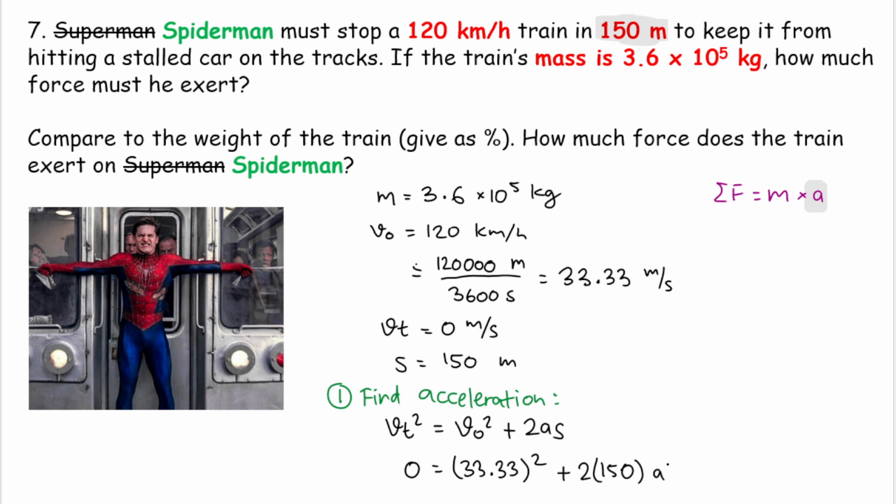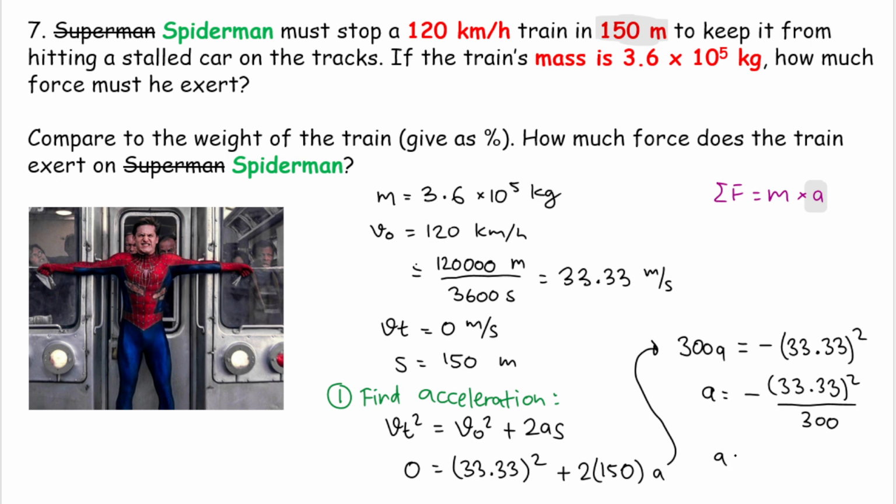So we will have 300A from this term, and let's move this to the left-hand side, so we'll have minus 33.33 squared. So A is minus 33.33 squared divided by 300, and that will be our acceleration, or deceleration because we have the negative sign.